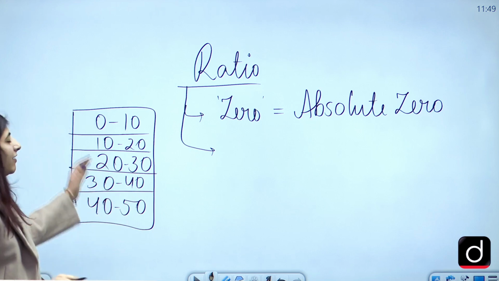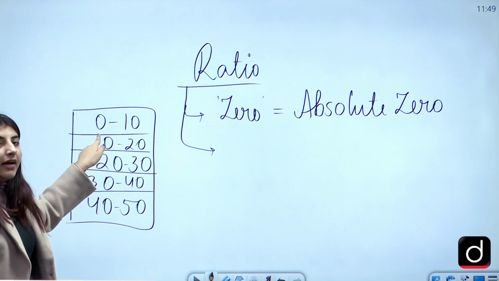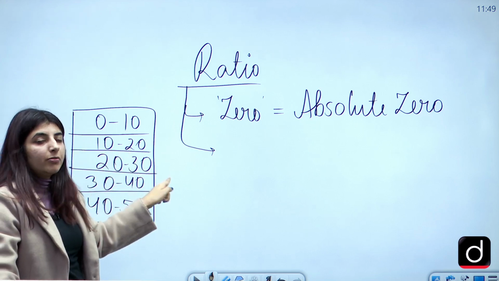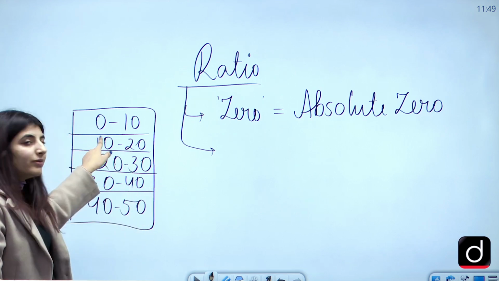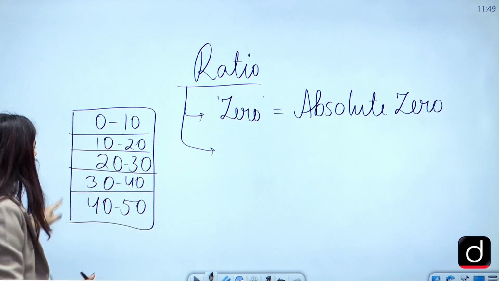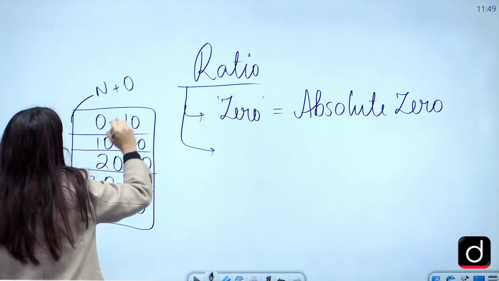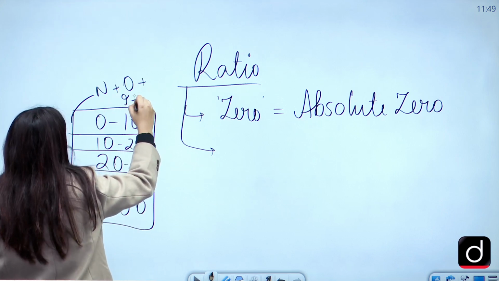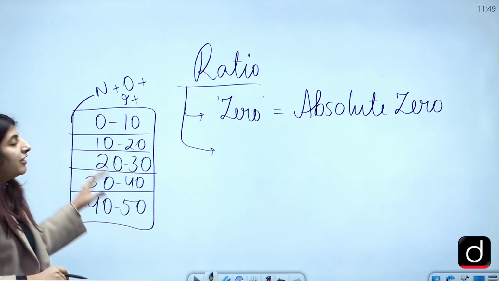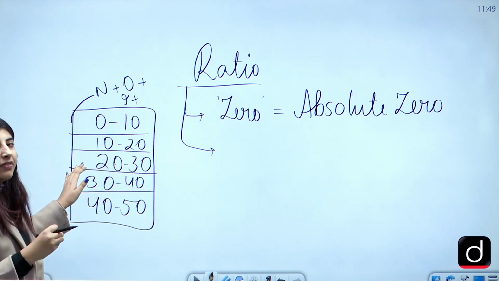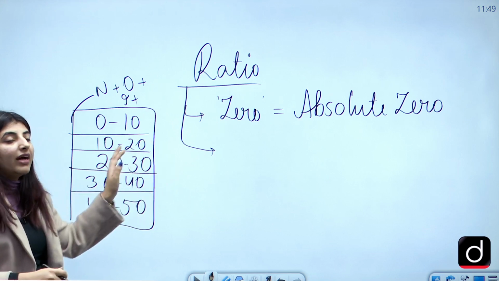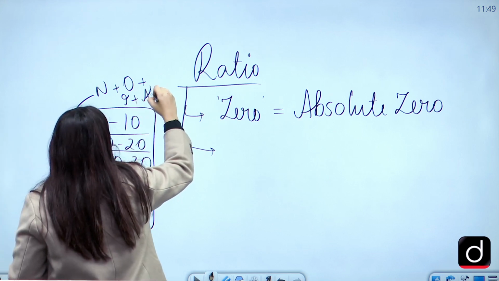So here you see I have named them, but here unlike the 0 degrees Celsius that we talked about as the temperature part, here 0 will stand for 0 only. Correct? So here naming is done, here order is achieved, here interval is also there, and here we have the ratio that we have, that is the 0, the absolute 0.